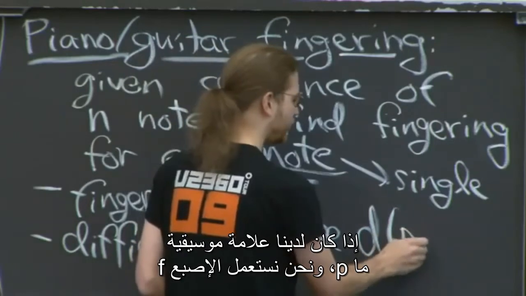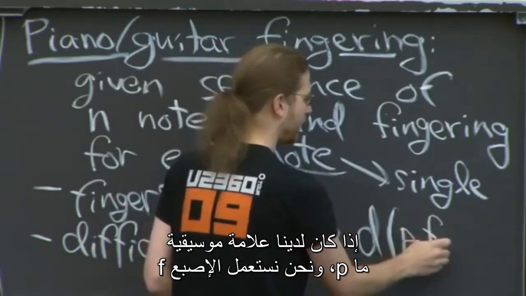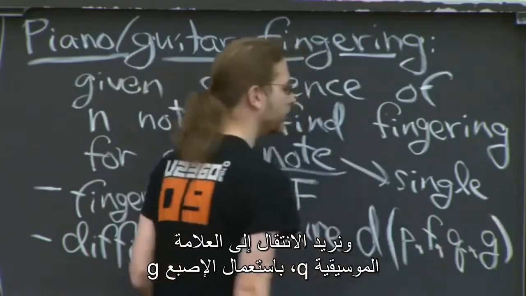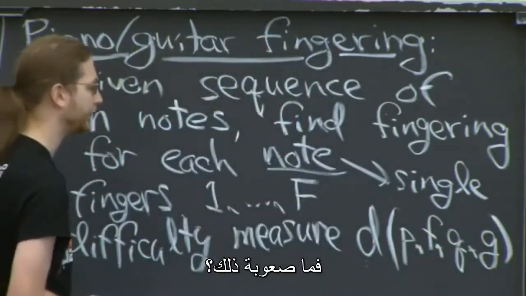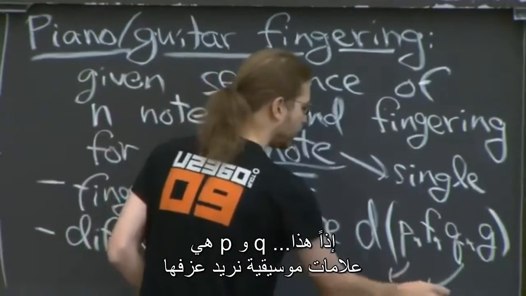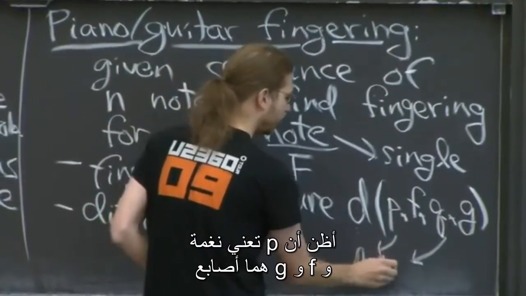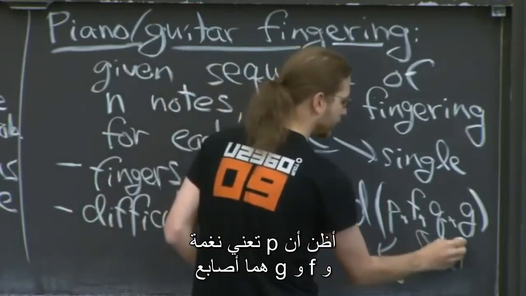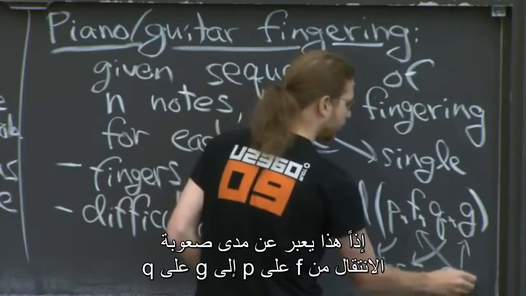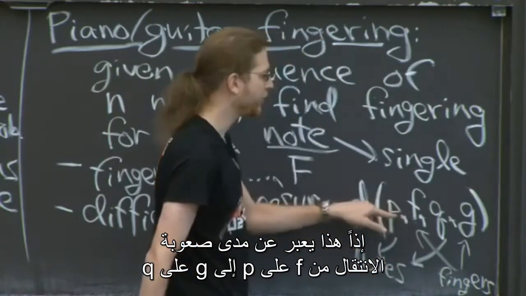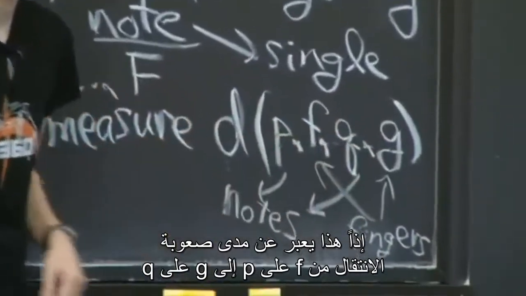If we have some note P and we're on finger F and we want to transition to note Q using finger G, how hard is that? P and Q are notes to play. I guess P stands for pitch. And F and G are fingers. So how hard is it to transition from F on P to G on Q?